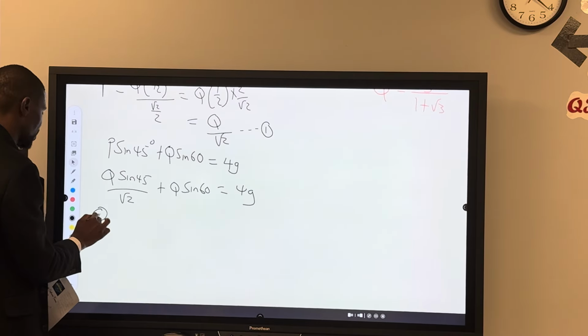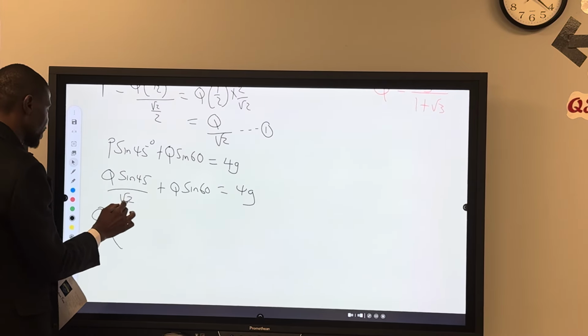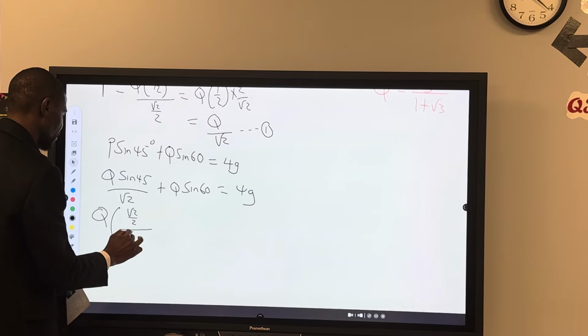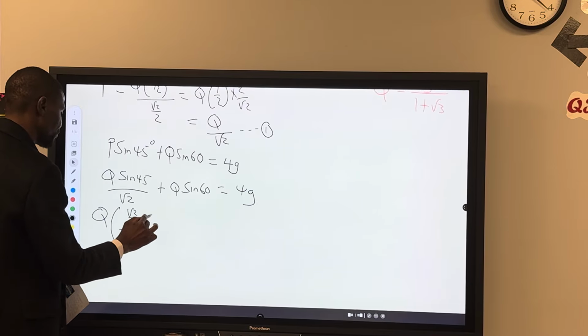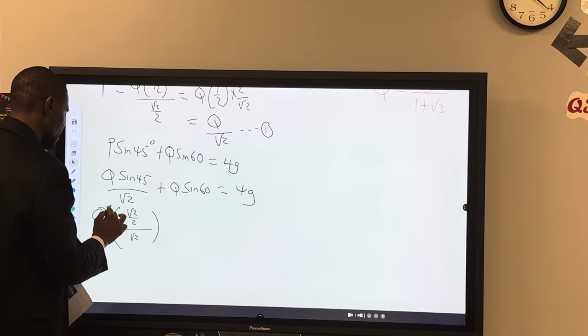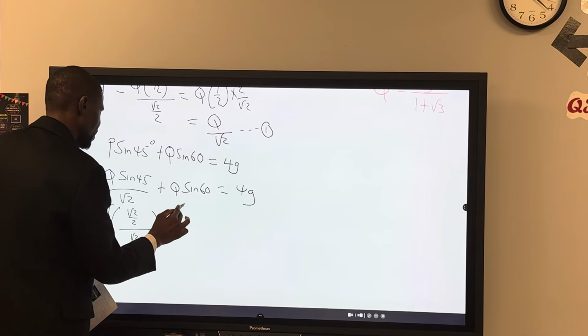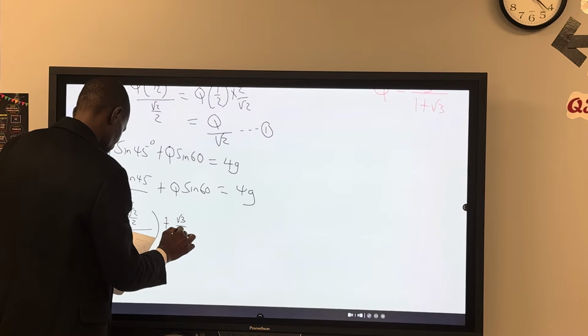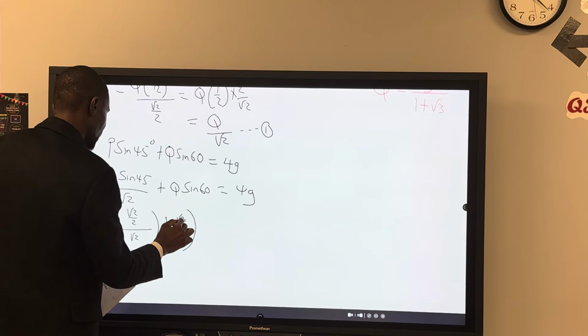I can take out Q. Then here, if I simplify, sine 45 is root 2 over 2 divided by root 2, right? Plus sine 60. Sine 60 is root 3 over 2, right?